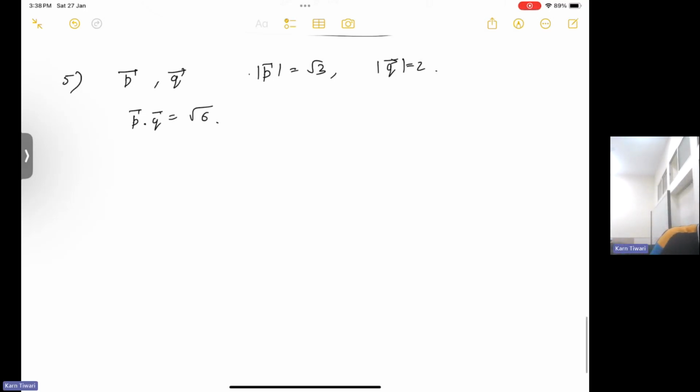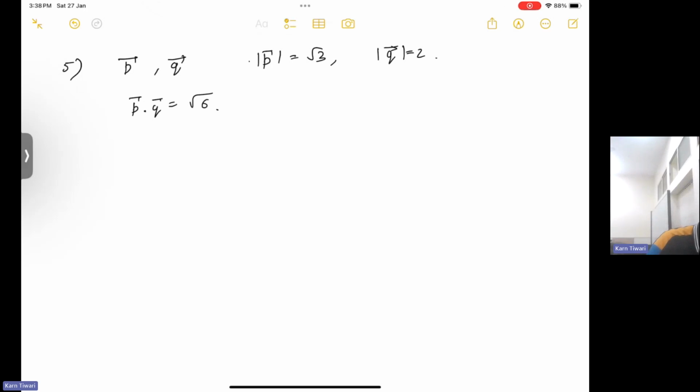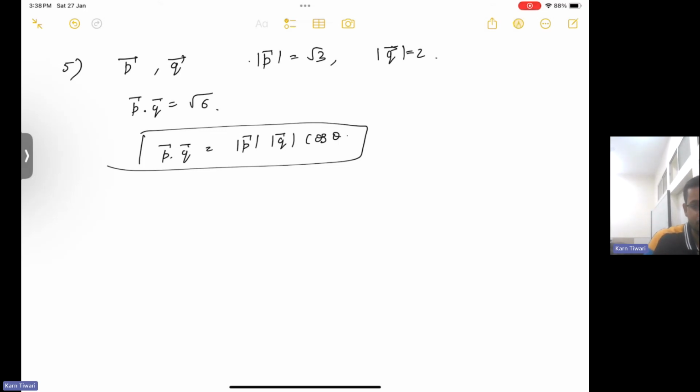So you know basically that the dot product, you can write it as mod P mod Q cos theta. Okay, so this is the only formula you need to solve this problem. You already know this quantity, which is √6. You already know this quantity.